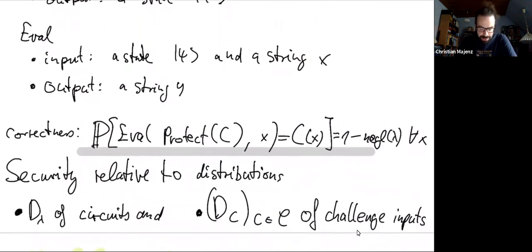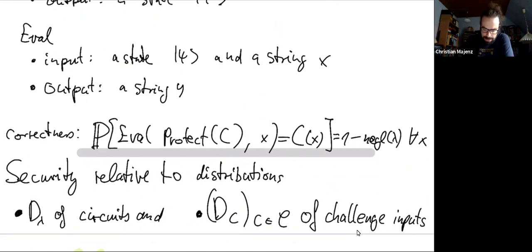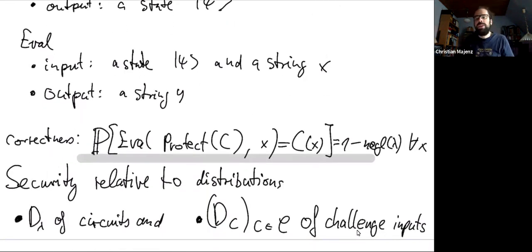Now let's talk about security, which will be defined relative to two distributions. One is the distribution of circuits. Within the class curvy C, we need a way of picking a challenge circuit. The strongest imaginable way would be to let the adversary pick, but what we can prove, and what all the definitions put forward so far do, is that we fix some distribution from which this circuit is picked at random.